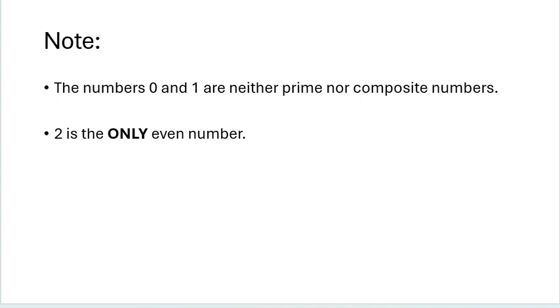Now, some notes to take in. The numbers 0 and 1 are neither, so neither meaning not prime or composite numbers, okay? Now, 2 is the only even number that is prime. Because if you did 4, for example, the factors of 4 are 1, 2, and 4.